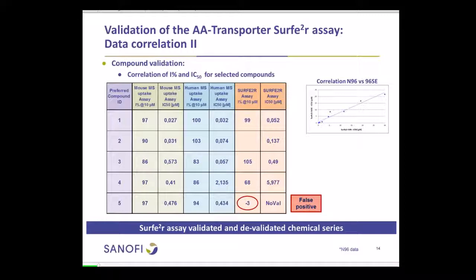After several other experiments, we could devalidate this compound series, which was one of the first series out of the HTS. After compound optimization, compounds which are not active in the SURFE are devalidated. We don't pursue them any further. So this is really a gatekeeper for in vivo testing.